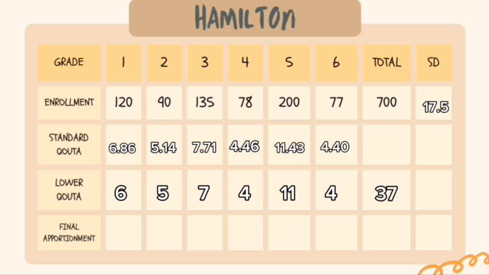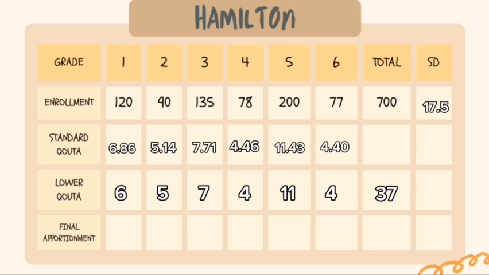Ang gagawin mo is magpa-final apportionment ka, i-a-adjust mo yung may pinakamalaking decimal point sa standard quota. That means tatlo yung kulang. So, titignan mo yung standard quota kung sino yung may pinakamalaking decimal point sa kanila. Kung titignan mo is yung 6.86, 7.71 at 4.46 yung may pinakamalaking decimal point.